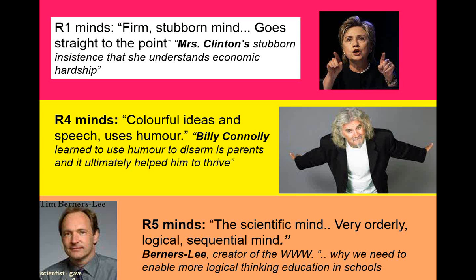Not only has she got one finger up poking, she's got 2 up poking, and when she is trying to make a point, you will see her make that forward movement with her head and her shoulders as well, and then the finger comes up. And there's a quote there: Mrs. Clinton's stubborn insistence that she understands economic hardship. Stubborn insistence. There's the Ray 1 mind working. It was a Republican who made that comment, by the way.